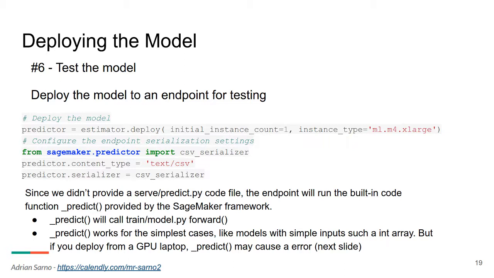SageMaker provides a default one, but the default one might work only for the simplest cases. I have noticed that it's possible to run into trouble in this step, because the default predict sometimes may have problems with GPU versus CPU arrays.